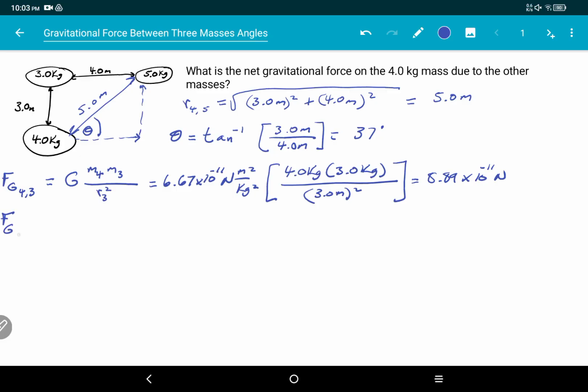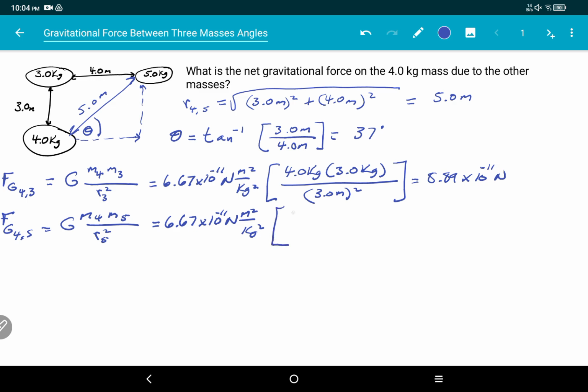Now let's tackle the 4,5. So 4,5 is going to be G M4 M5 over r5 squared. Put our values in: 6.67 for G times 10 to the negative 11 newton meter squared per kilogram squared.